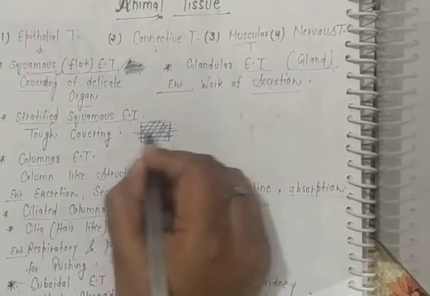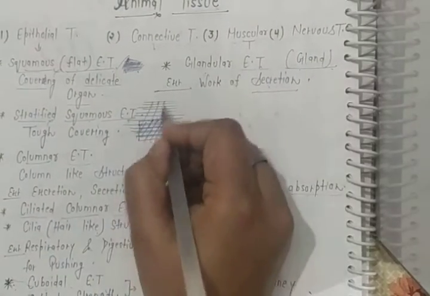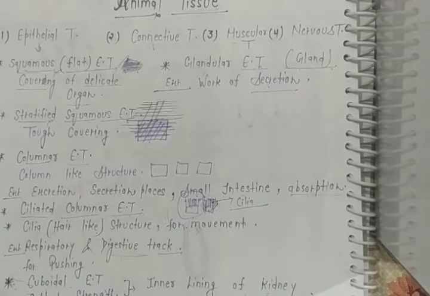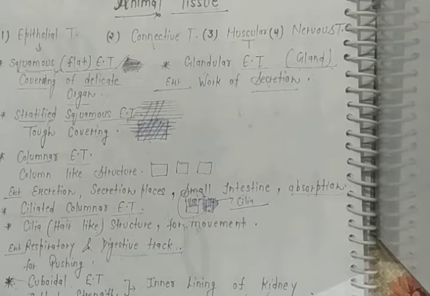When a lot of squamous layers come over one another, they form stratified squamous tissue. And normally we all know they form a tough covering over our body. For example, our skin, the outermost covering of our body, which is very tough, is made up of stratified squamous epithelial tissue. Now, that was the second type of epithelial tissue.